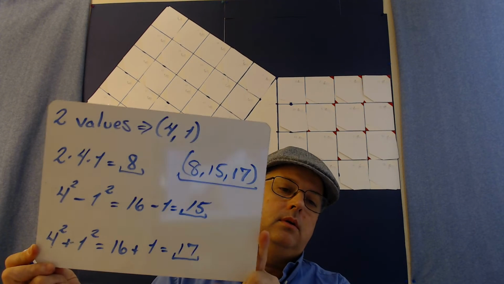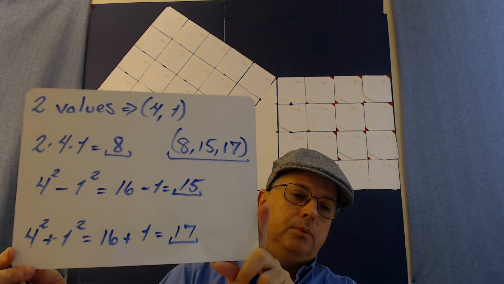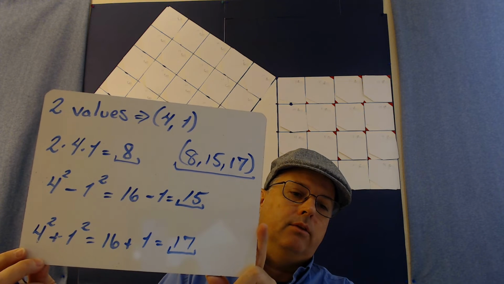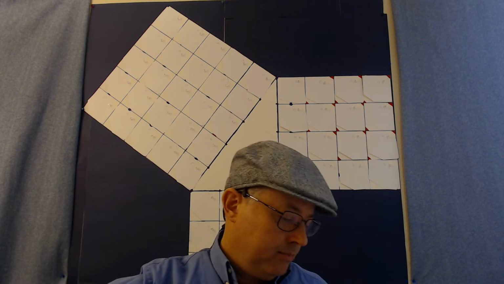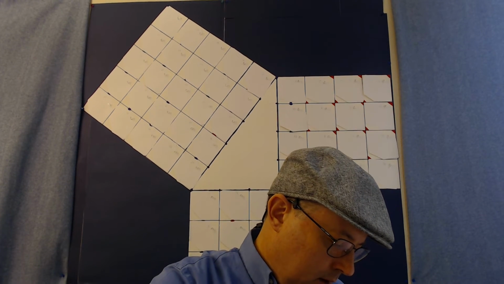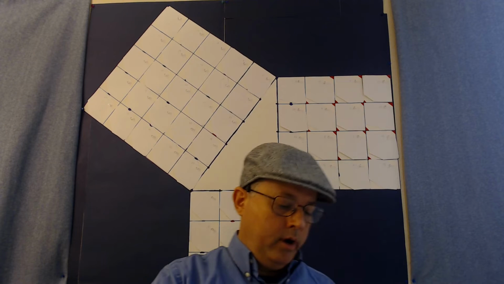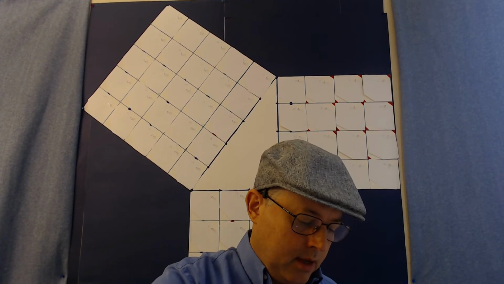And then let's remember the third part of this formula that generates Pythagorean triples. We squared them and added them together. We squared the 4 and squared the 1 and added them together. So that would mean we would take m and n and square them and add them together. And that gave us the c value.